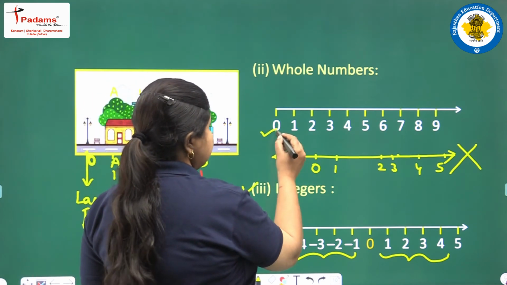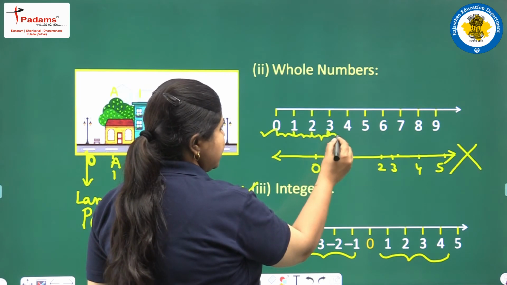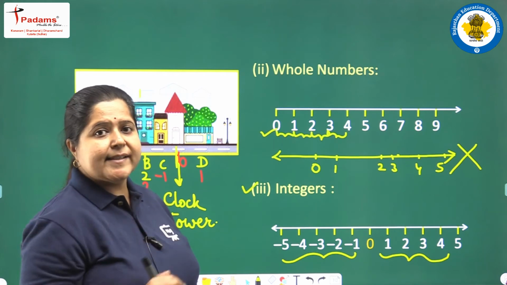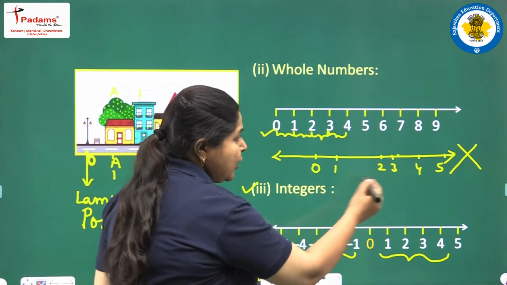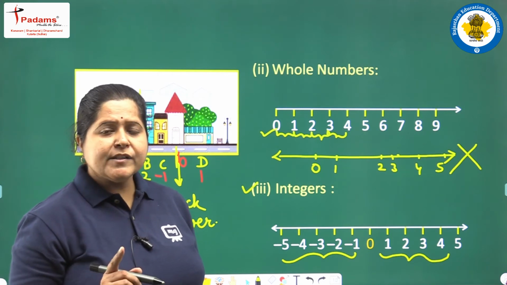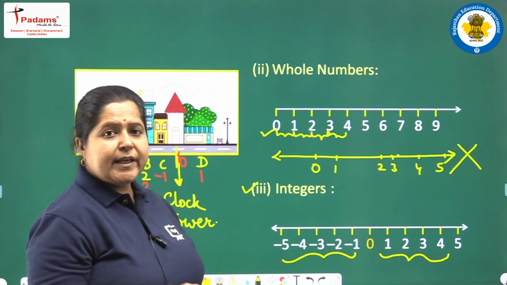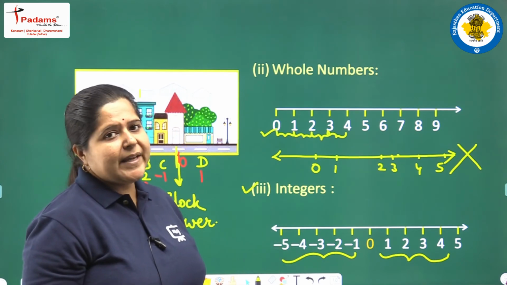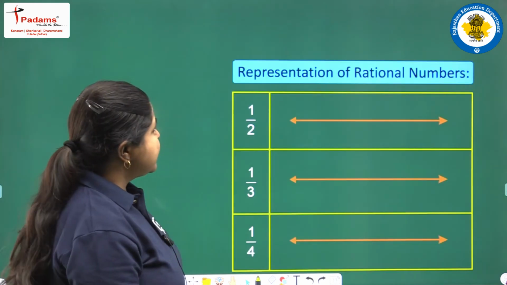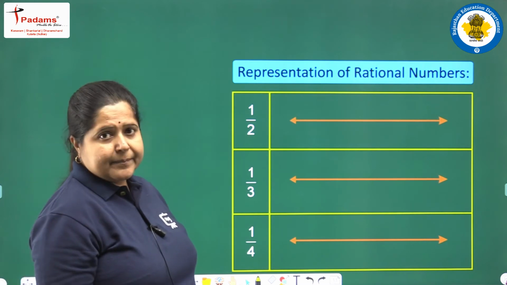This is one single unit, one unit, again one unit. All the units should be placed at equal distances, and whenever you draw a number line in this way, it is absolutely wrong. So please focus while drawing in your copies that the distance between each two consecutive numbers remains the same. Clear?